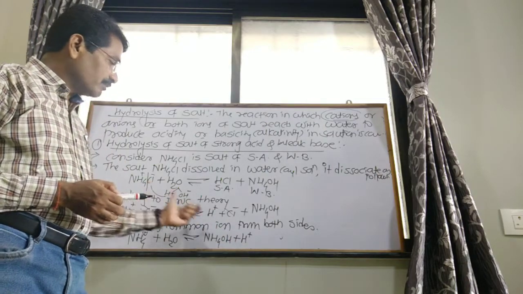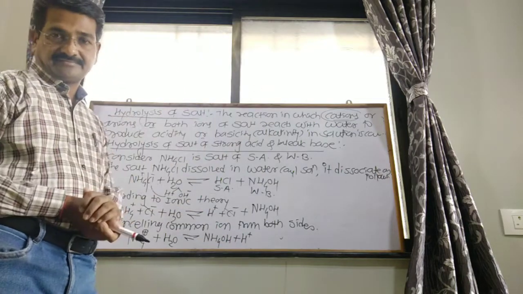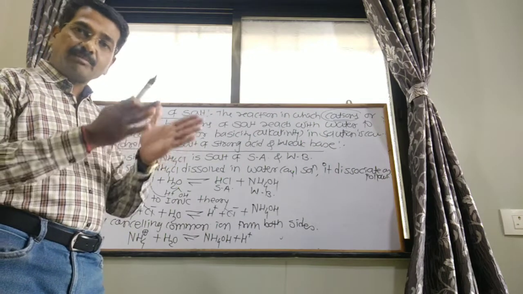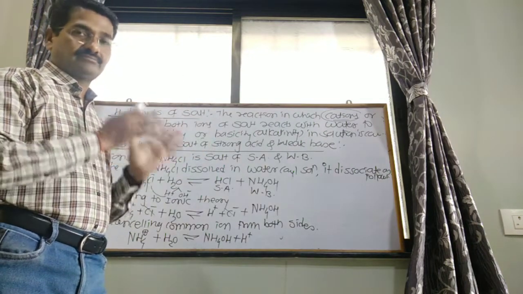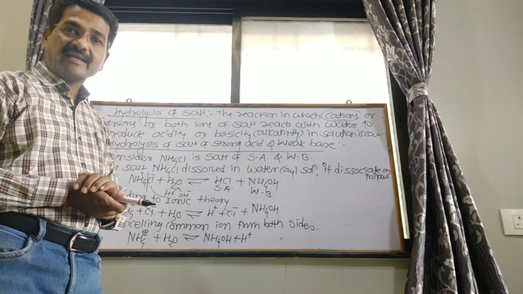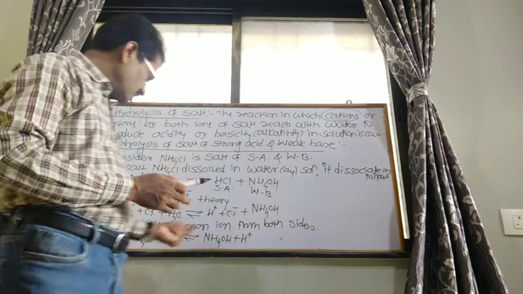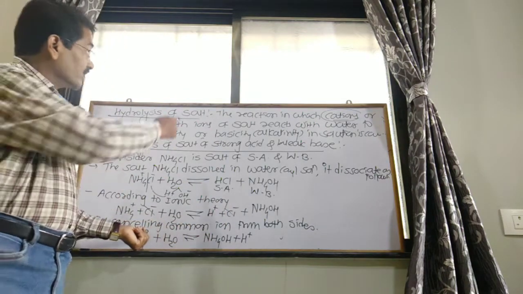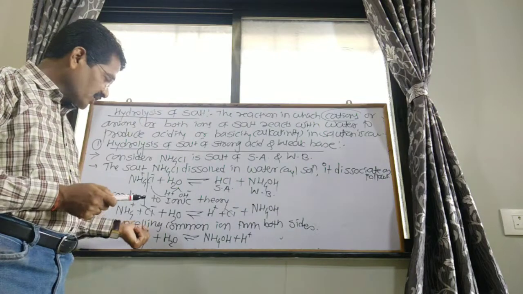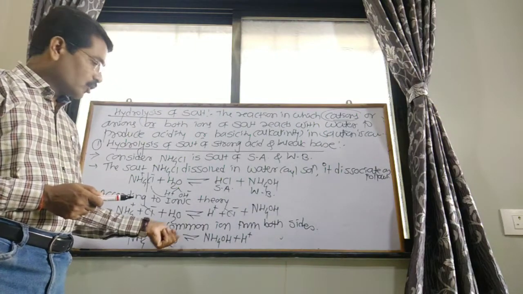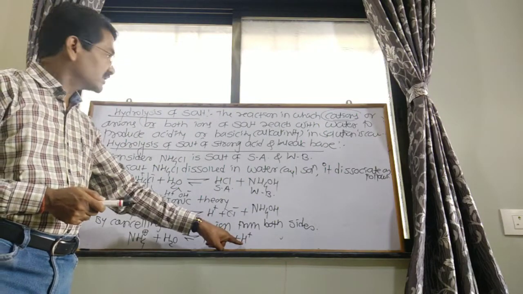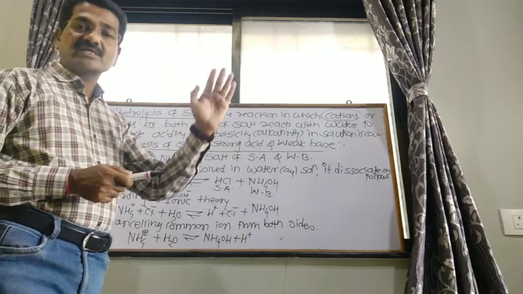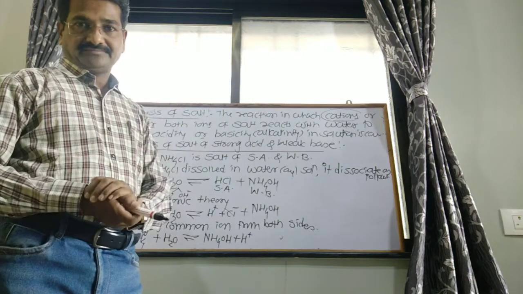Hence, this solution becomes acidic in nature, having a pH less than 7. Understand? According to the definition of hydrolysis of salt, cations react with water to produce excess H plus ions, that is the acidity, having a pH less than 7.